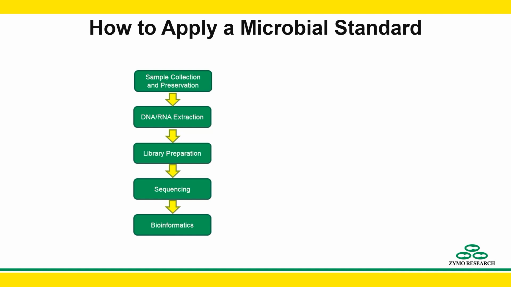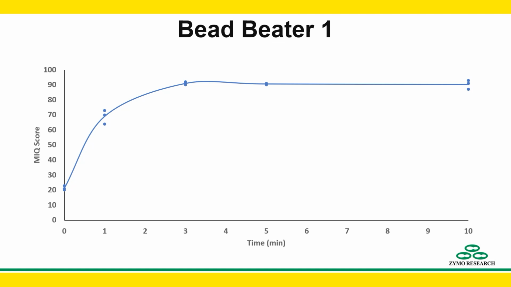For this one, just as before, we're going to add a whole cell mock community to our DNA or RNA extraction process, and we just chart out different settings in different machines. So in this case, for example, with bead beater 1, and for all the following figures, we're going to see the mic score generated for a triplicate of samples on the y-axis, and the time that we run the bead beater on the x-axis.